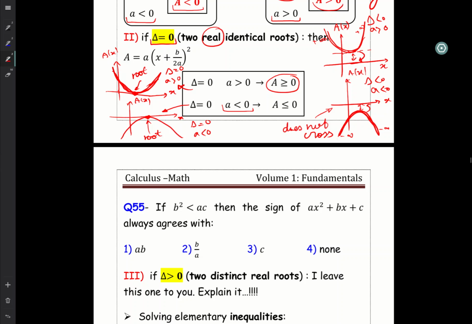When delta is positive, then we have two roots. But before we jump to that, let's solve question 55. If b squared is less than ac, then the sign of ax squared plus bx plus c always agrees with what?